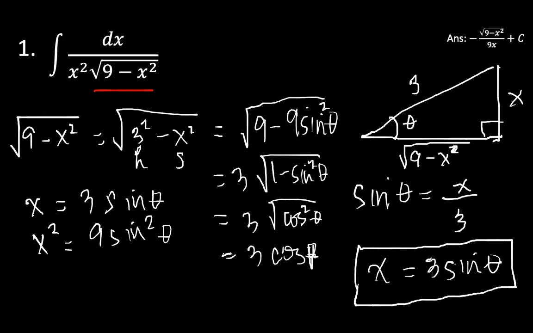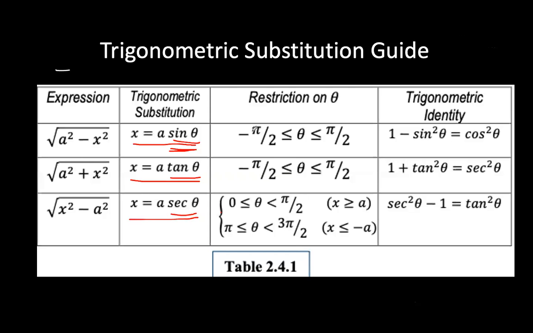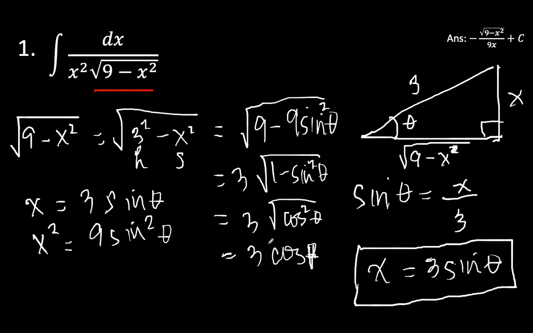And of course, cosine should be positive, since we restricted our theta when we use this expression from negative pi over 2 to pi over 2. That's why we are always sure that this is positive.